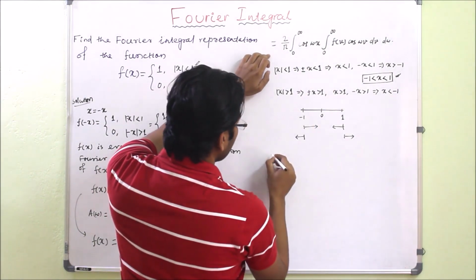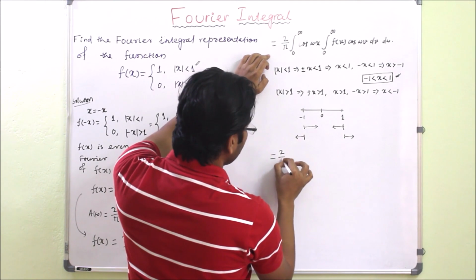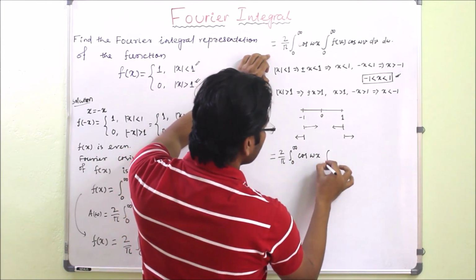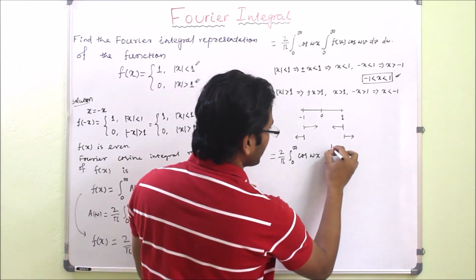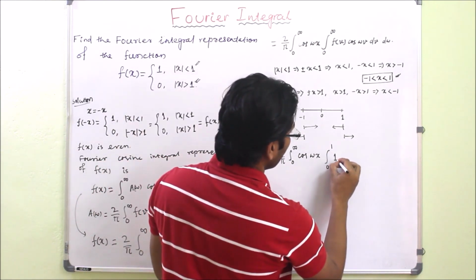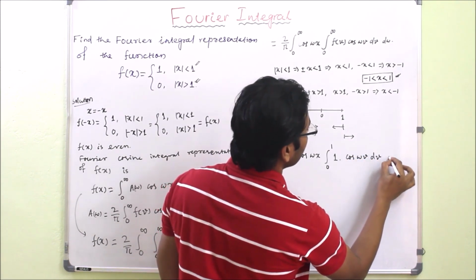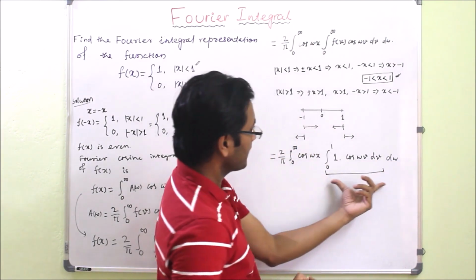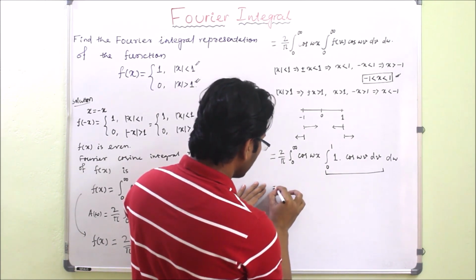So the integration is written as 2 by pi times integral 0 to infinity cos wx, and the inner integral 0 to infinity now becomes 0 to 1, because after 1 the function value is 0. So 0 to 1, 1 into cos wv dv dw. Now we will solve the v part, the dv part.